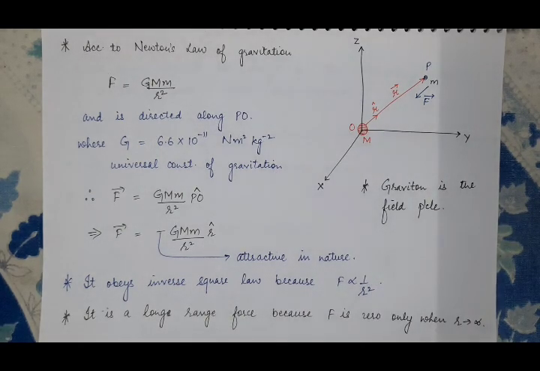And any interaction is because of the exchange of particles. So what is the particle exchanged between the two bodies in case of gravitational interaction? That is the graviton. Graviton is the field particle, the exchange particle, which is exchanged between the two bodies and which results in the gravitational interaction between the two bodies having masses.